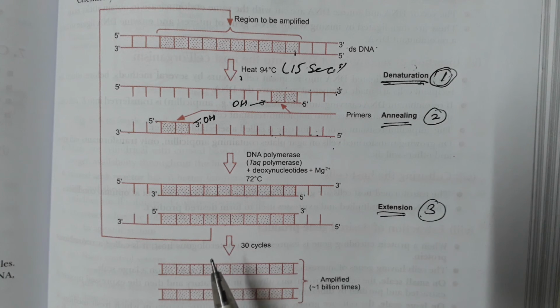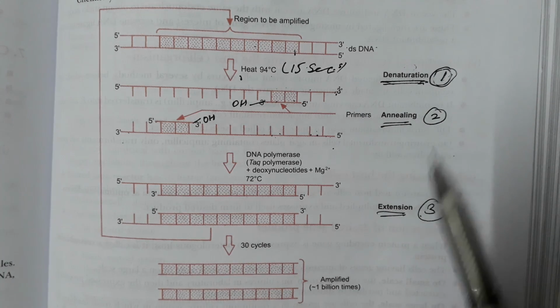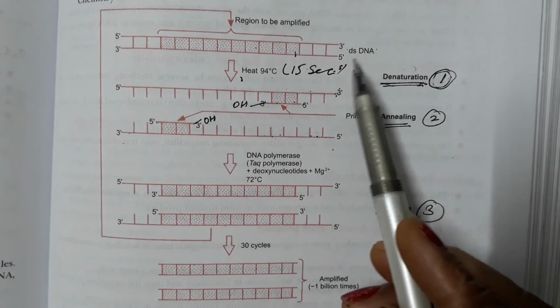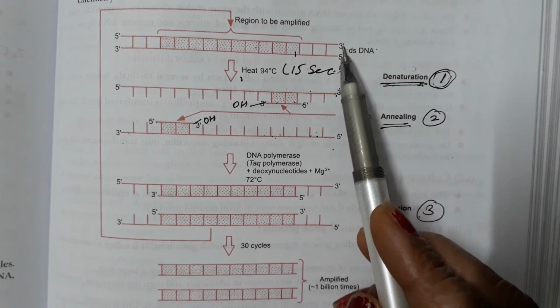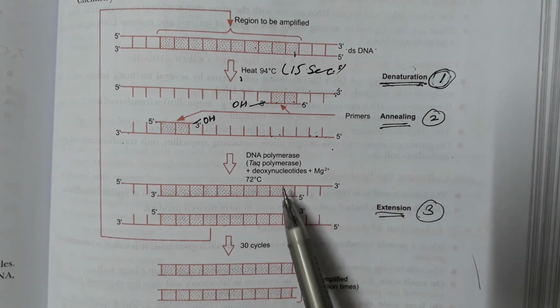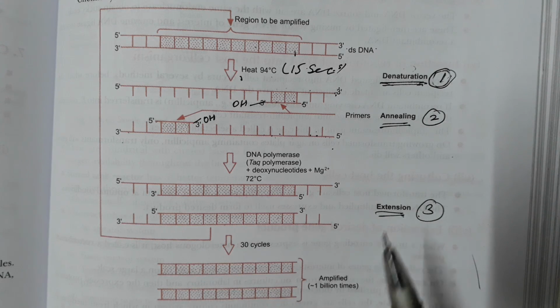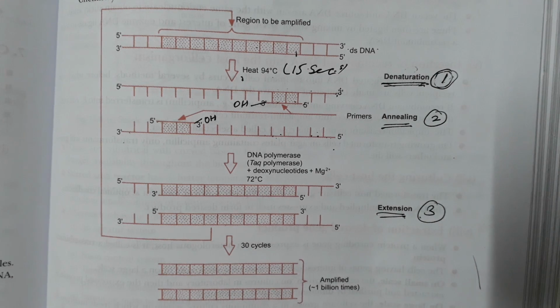So all these steps are repeated many times. After completion of these 3 steps, denaturation, annealing and extension, we start from a single double-stranded DNA, and after extension, we get 2 copies of double-stranded DNA. All these steps are repeated many times to obtain several copies of the desired DNA.